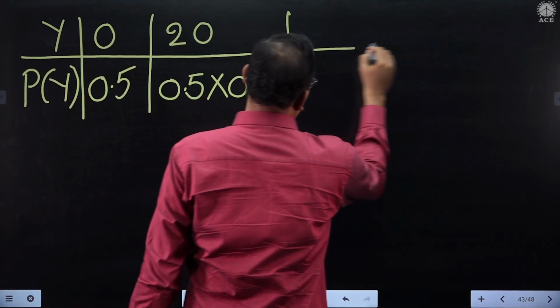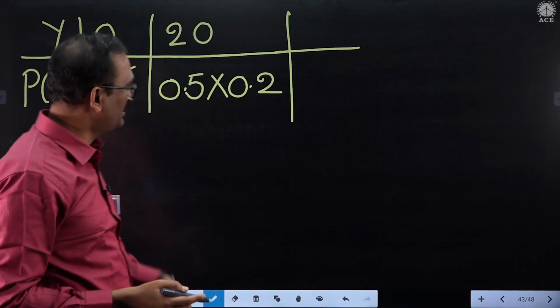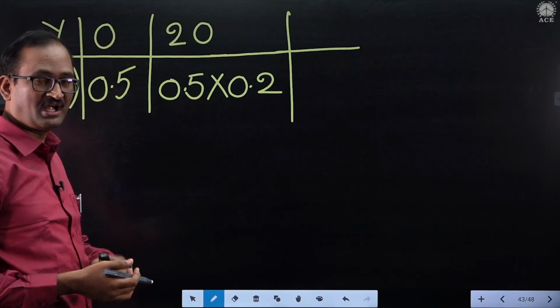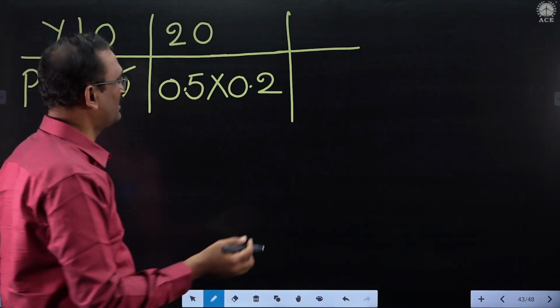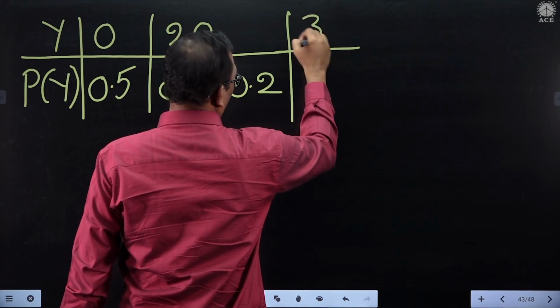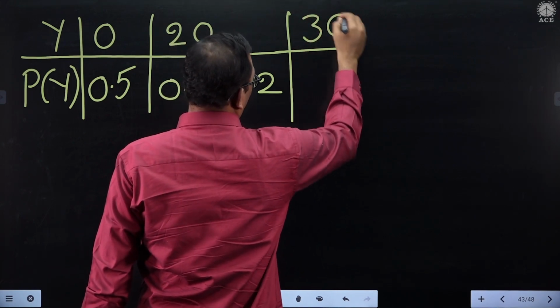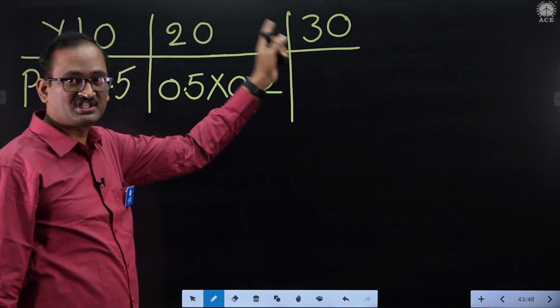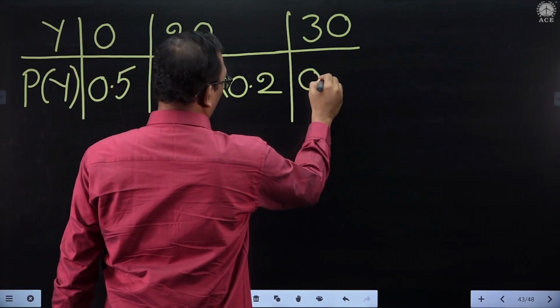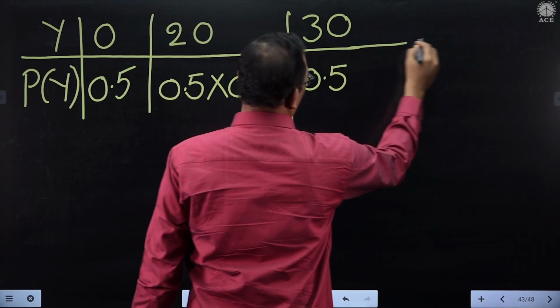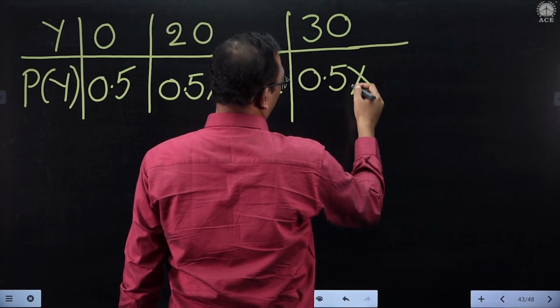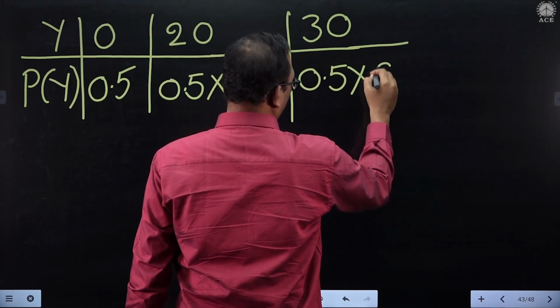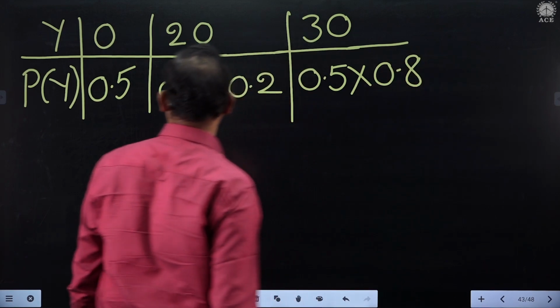Now second question is correct. Second question is correctly attempted and first one is also correctly attempted. For question B 20 marks, question A 10 marks, altogether 30 marks. Probability of question B correctly attempted is 0.5, and probability of question A correctly attempted is 0.8.